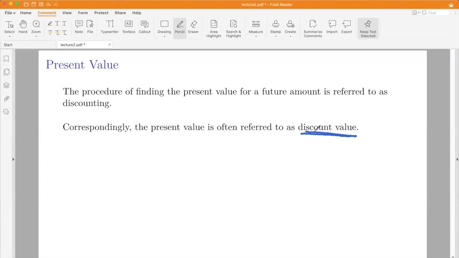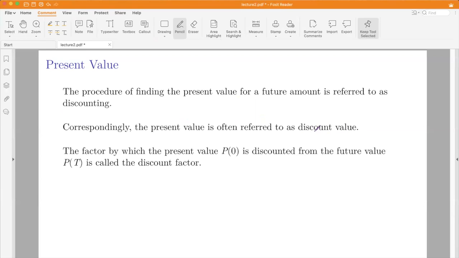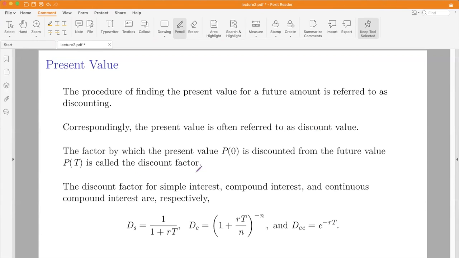And the factors, so if you recall, in each case, we had a factor multiplied with P of t in order to obtain P of 0. These are called discount factors. In the case of simple interest, the discount factor was 1 by 1 plus r into t.